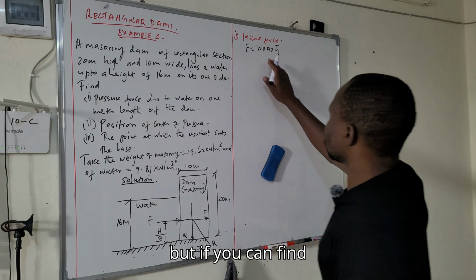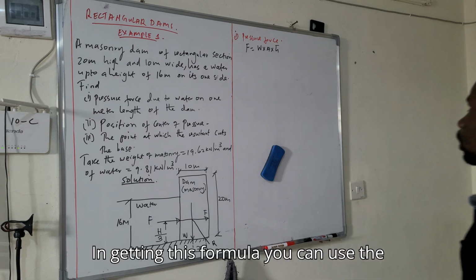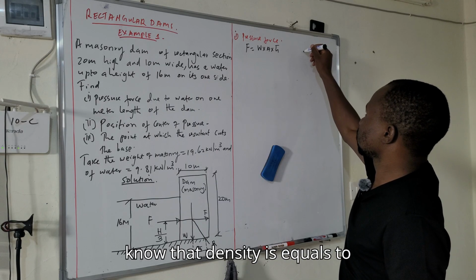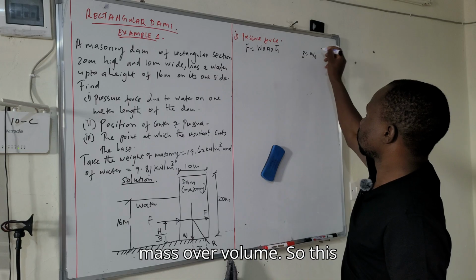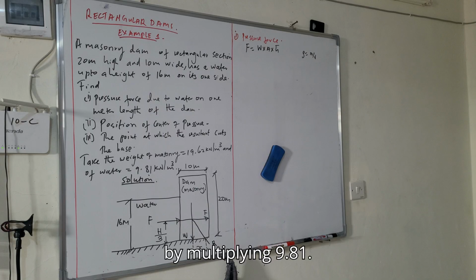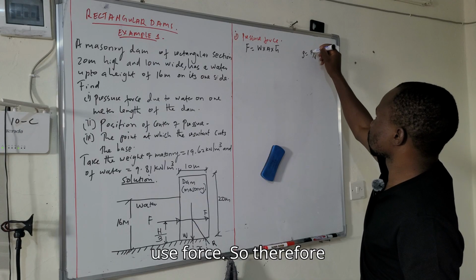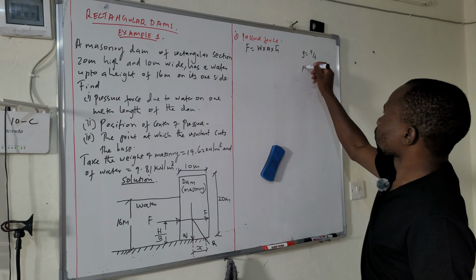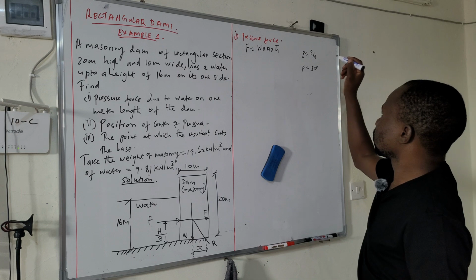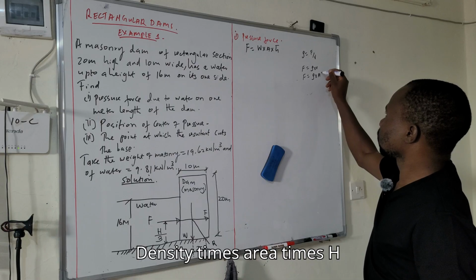But if you have a problem recalling this formula, you can use the basics, whereby you know that density is equal to mass over volume. This mass you can convert to force by multiplying by 9.81. So instead of using mass, you can use force. Therefore, making force the subject of the formula will be density times volume, then density times area times h.